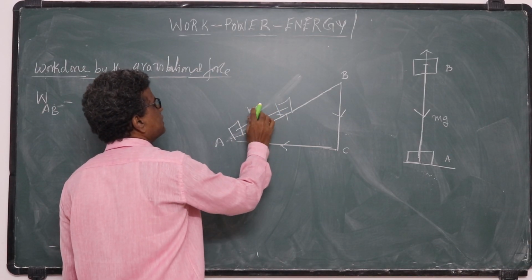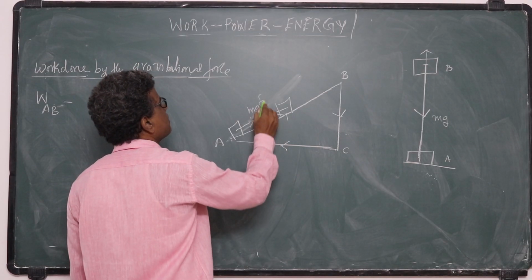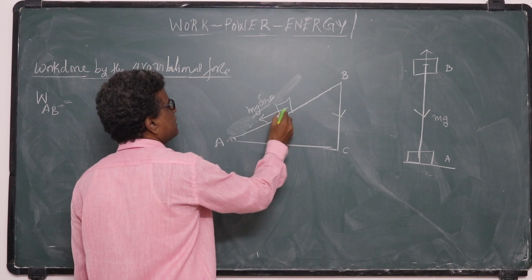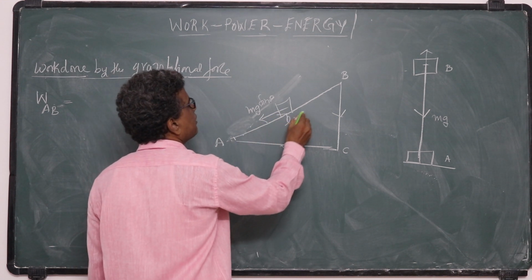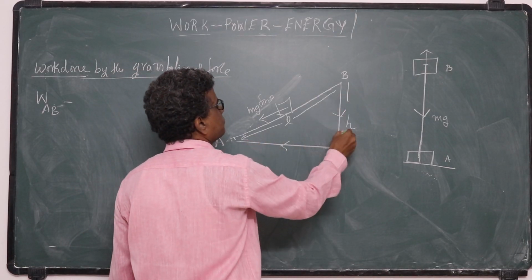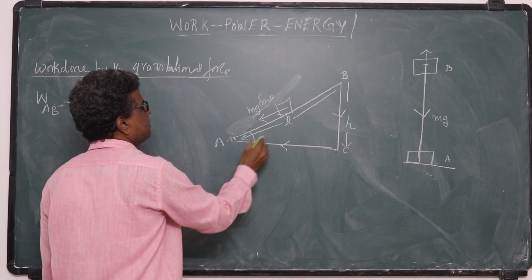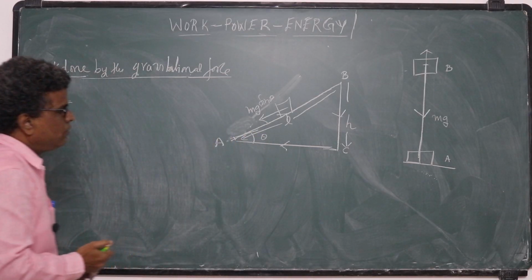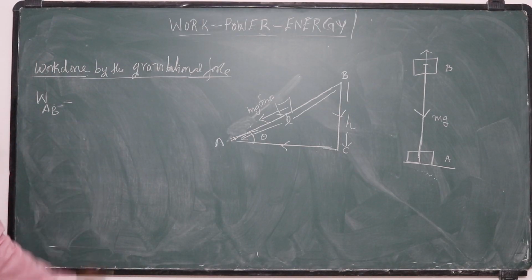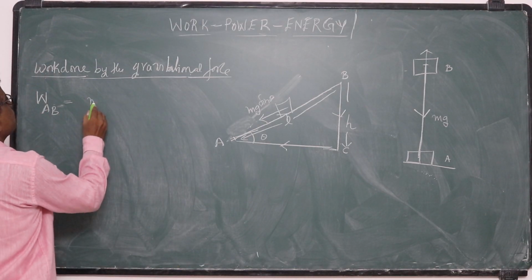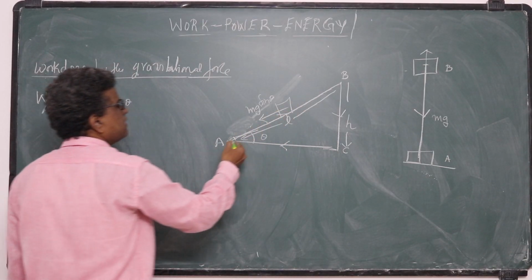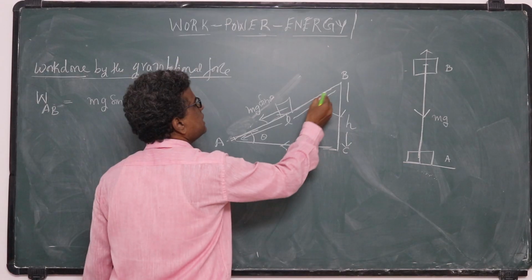How much is it? Component of gravitational force is mg sin theta. Let the length be L, the height be h, and the angle be theta. So work done by the gravitational force to lift A to B: mg sin theta is the gravitational force acting in this direction, and you are displacing in the other direction.